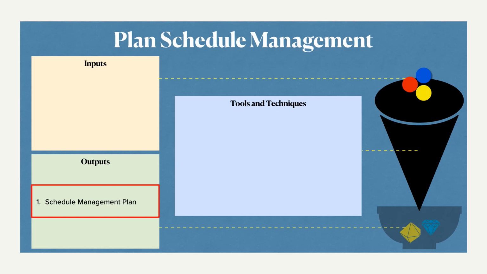So this 12 weeks cannot be an absolute time. We cannot exactly finish the work after the 12th week is finished. So it can be plus or minus 2 days or 3 days. So this 2 days or 3 days will be decided in this schedule management plan. So this level of accuracy is also understood here.